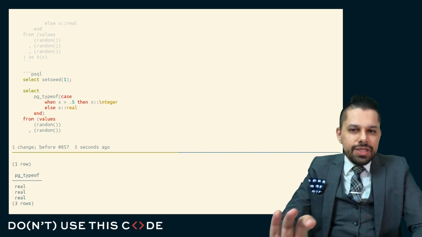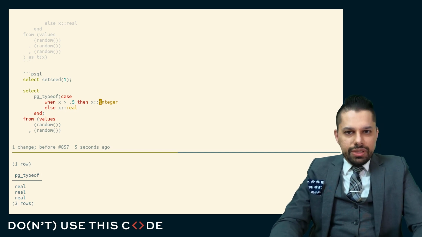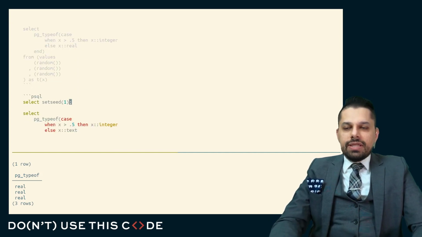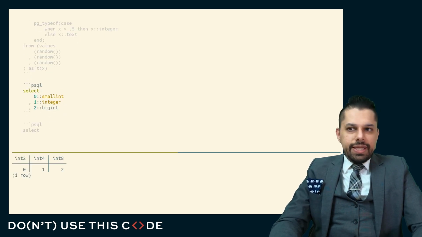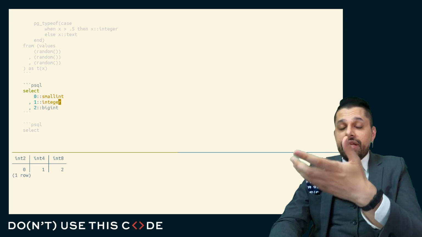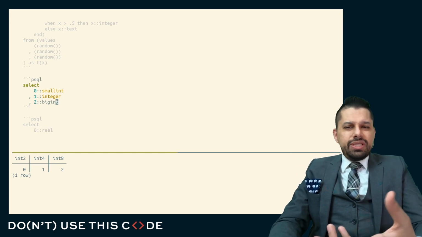Note that this is a real type, not a sized floating point type. There are sized floating point types in Postgres, and there are sized integer types as well. There's an int2, an int4, and an int8, but usually what we're referring to is some numeric value.